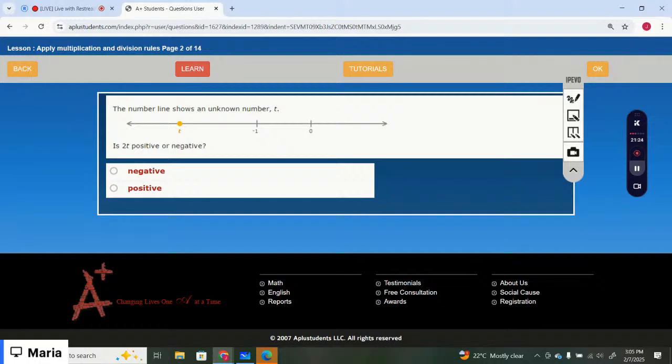That means T is a negative number. So 2 times a negative number, the product of a positive and a negative number, is always negative. The correct option is negative. Option 1 is the correct option.